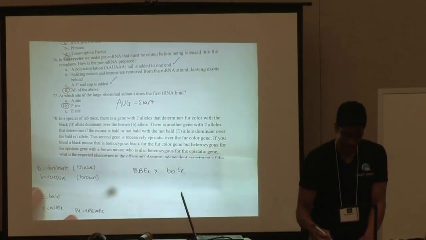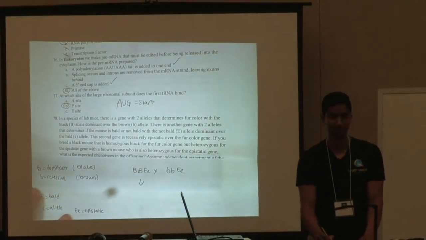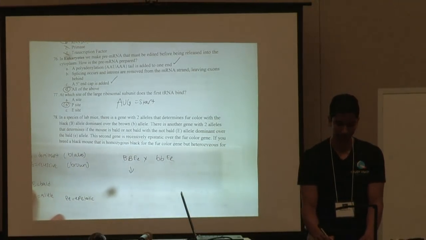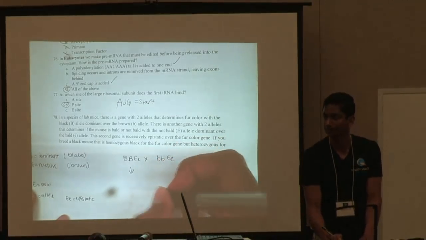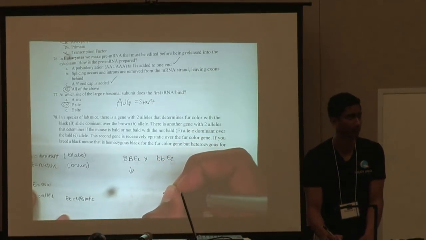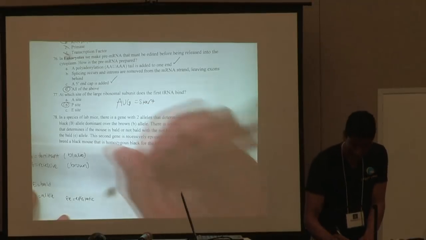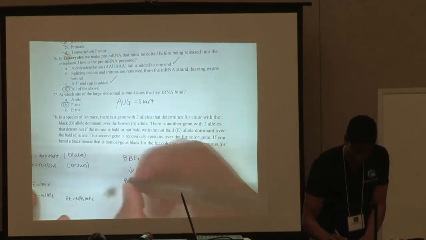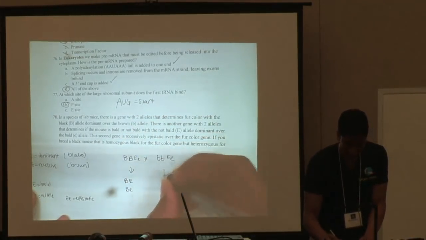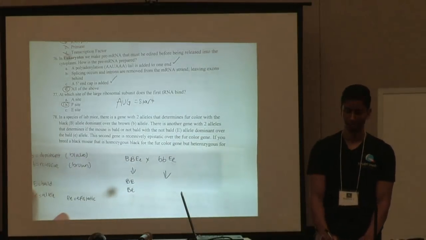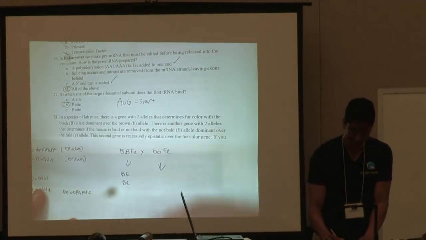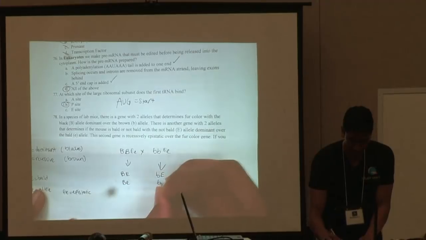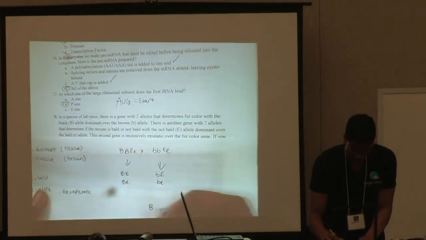Good. So what are the possible gametes we can form from this one? There's two. What are they? Good. What about this next one? Good. So we can make our square.